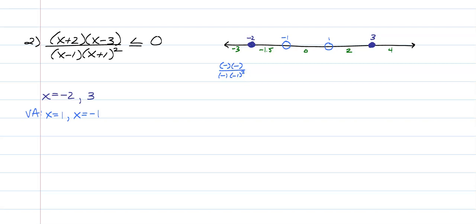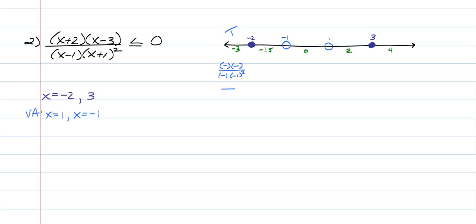Okay, so it's a negative squared that will turn positive. So that's going to give us a negative times a negative over a negative times a positive. That's going to be negative. Okay, so is that less than or equal to 0? Yes, it is. So this guy is true. So that's what you should have done.